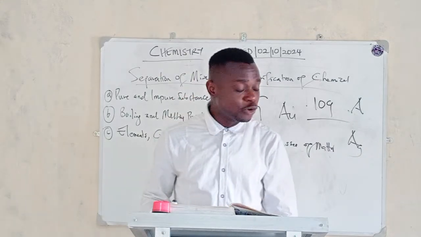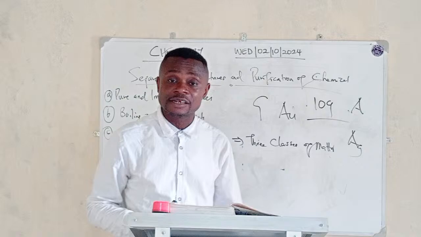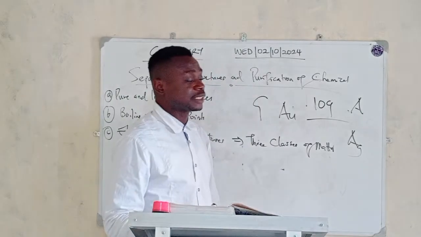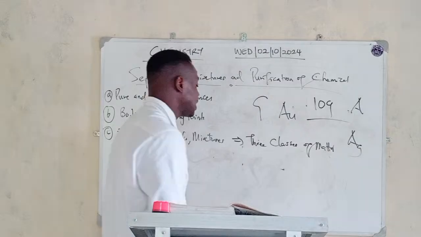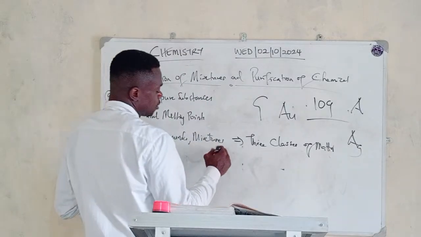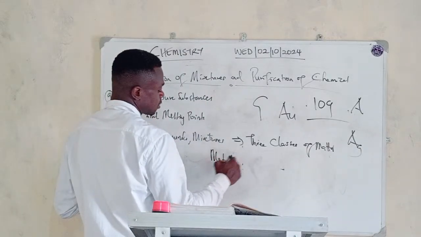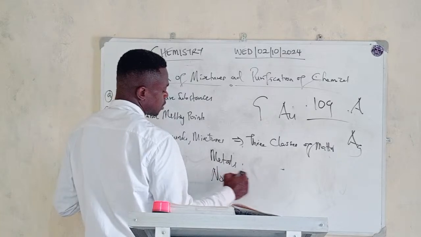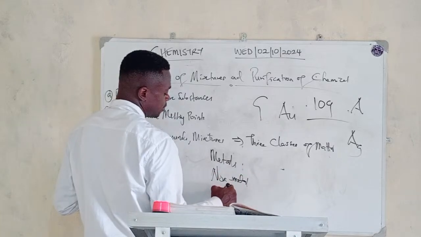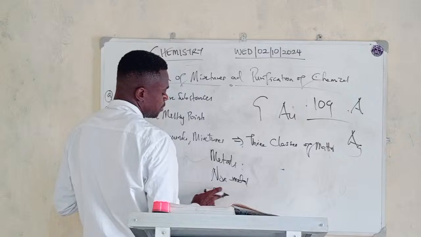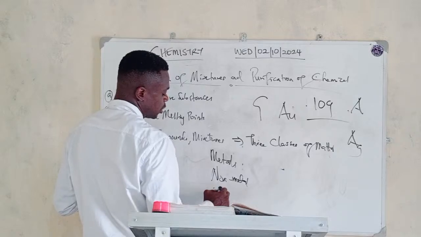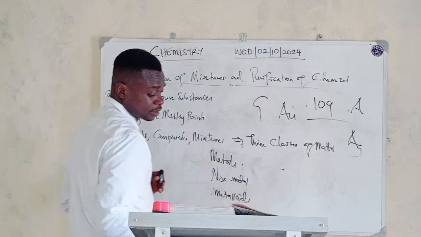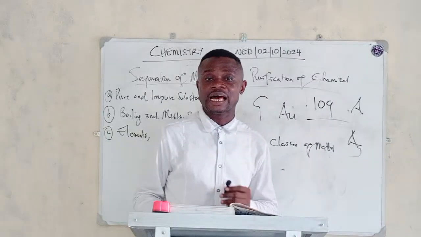So elements are actually grouped into the following. We have the metals, non-metals, and the what? Metalloids or semi-metals. So we have metals, non-metals, and metalloids.